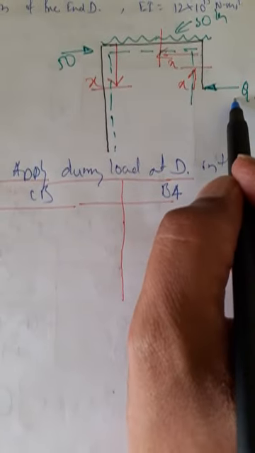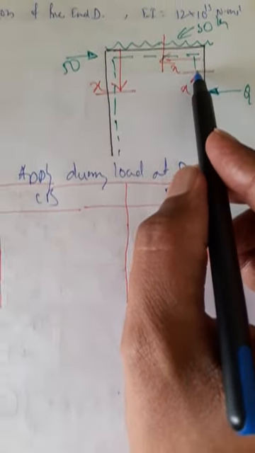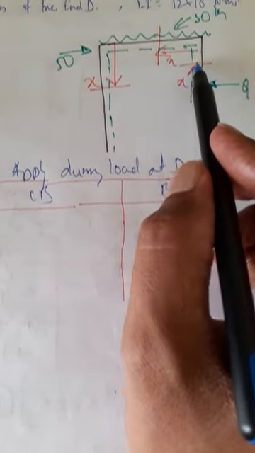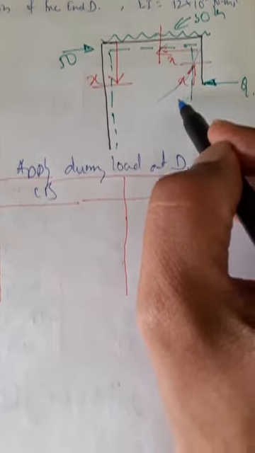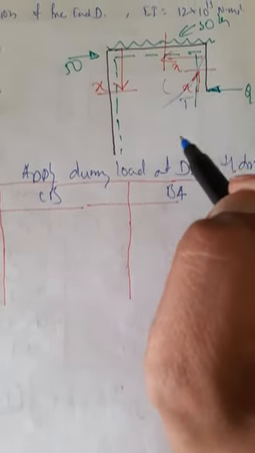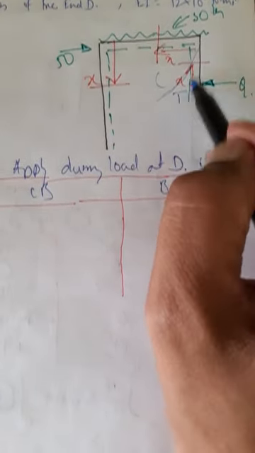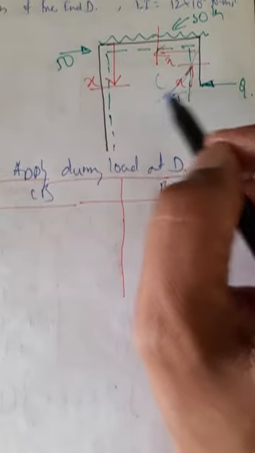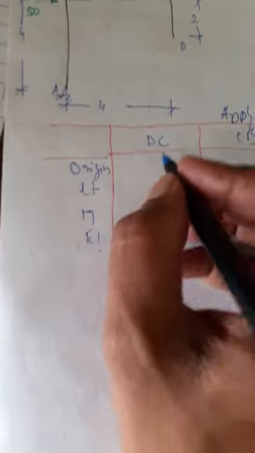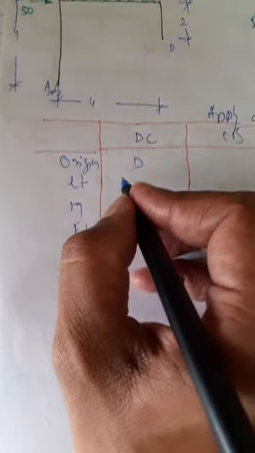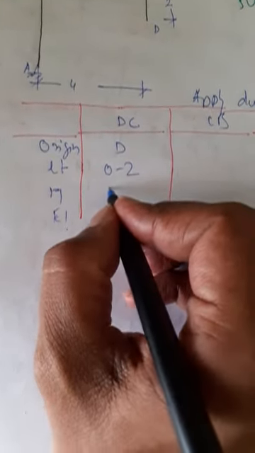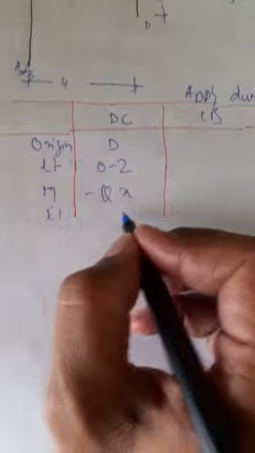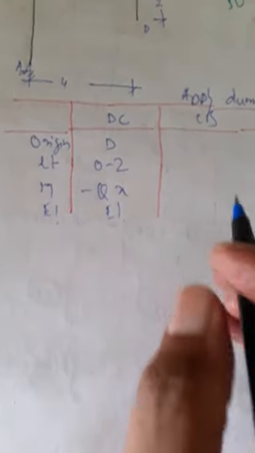For this force, it produces compression on the inside because it is going to bend like this. The outside will be tension, the inside will be compression, and my dotted line is inside, so it will be negative. So origin is D, limits 0 to 2, moment minus Q into X, EI.